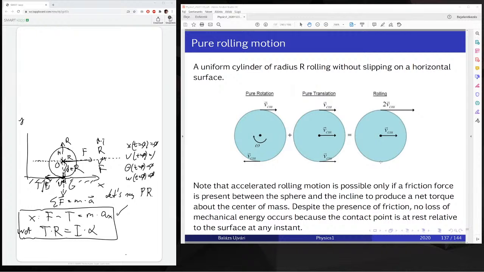So in every pure rotation, when we move with our bicycle, the point where the body touches the surface is stopped. This is possible because of the friction. This friction is large enough to stop that point. That does not mean that the whole wheel won't move.